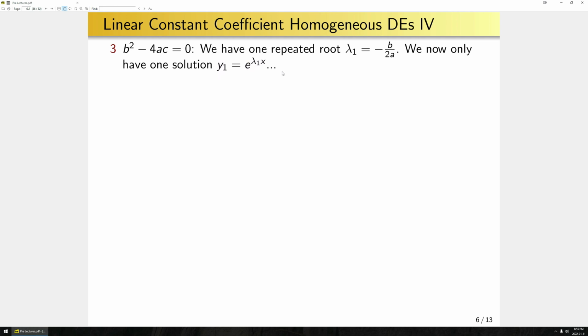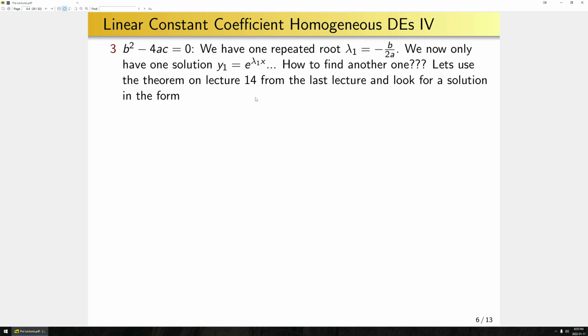Okay, that's kind of awful, but is there a way that I can find another solution given this first solution here? Well, yeah, we have that one theorem from lecture 14 from the last lecture, and why don't we use that to try to look for a solution of this form, where here this is the functional form of the second solution that I was guaranteed to always find, given that this thing here is properly integrable.